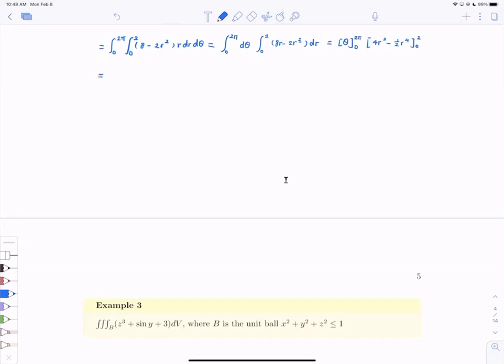So 2 pi times 16 minus 8. Yeah, 16 minus 8, so that's 8. 2 times 8, 16 pi.